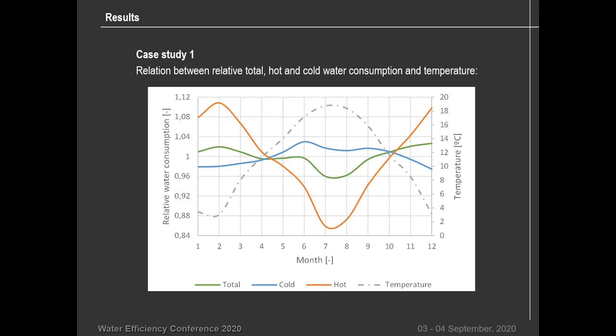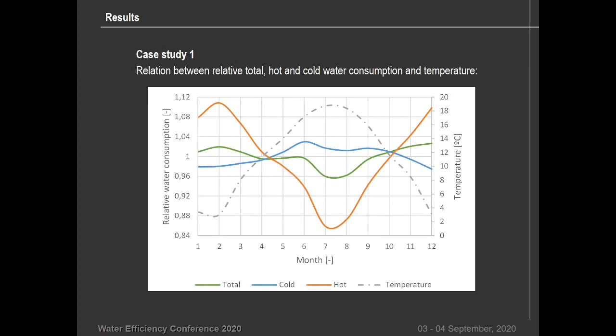In fact, another study observed the seasonal variation of the mean monthly domestic cold water temperature in the city of Brussels, between 3 degrees Celsius in February and 17.5 degrees Celsius in July and August, as well as a direct correlation between the cold water temperature and its consumption, since in summer less hot water is used compared to winter, because the temperature of the cold water is higher.